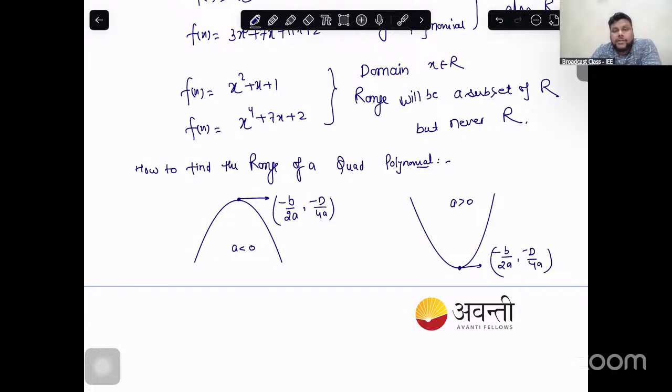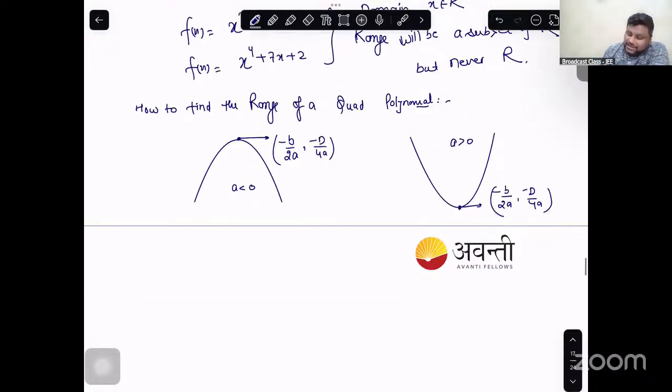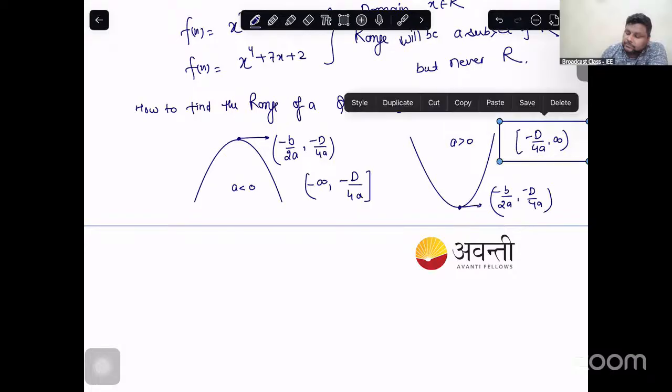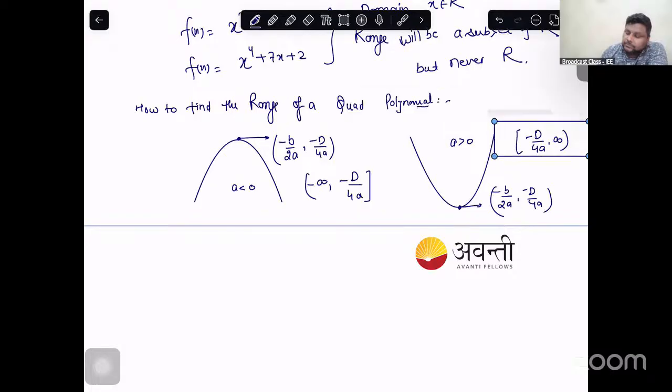Got it? So if the parabola is like this, range will be minus infinity to minus d by 4a, the y coordinate. And if the parabola is like this, range is minus d by 4a to infinity. Got it?